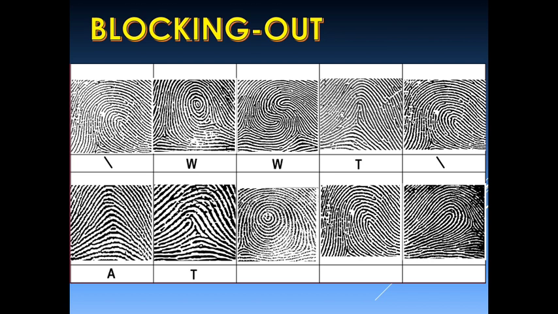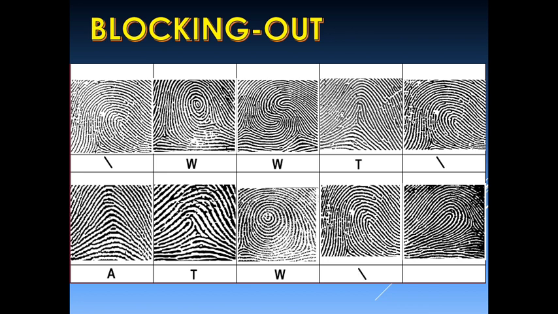And then on the 8th block, since this is a whirl pattern, we are going to place there letter W. And then next, on the 9th block, we have there a radial loop. So since it is taken from the left finger, we are going to use a backslash.